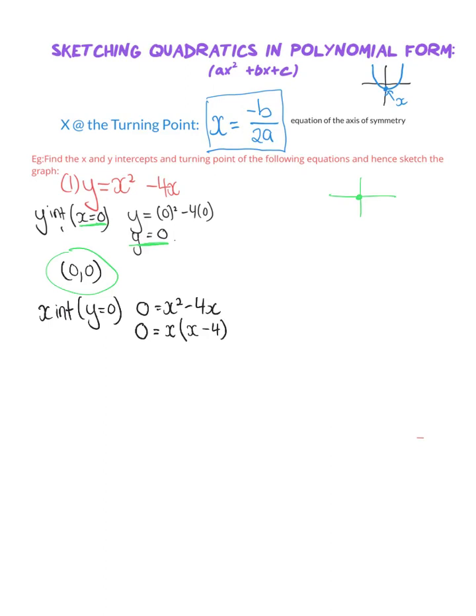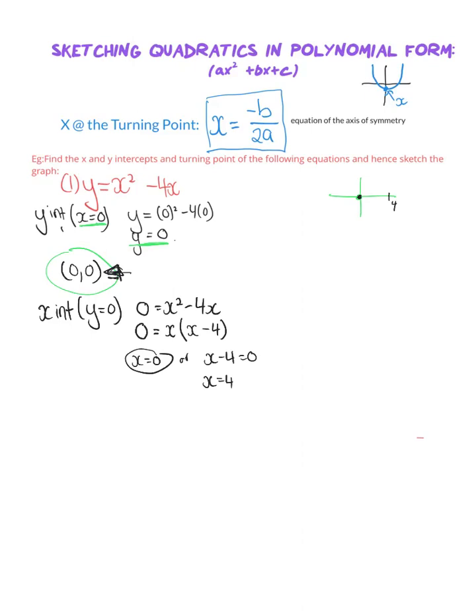So the Null Factor Law states I can let each of those factors equal 0. So we've got x equals 0 or x equals 4. This is good because we knew that x equals 0 was an intercept from up here. So now we've got the other one. We have one at 0, 0 here, and then we've got one at 4, 0.